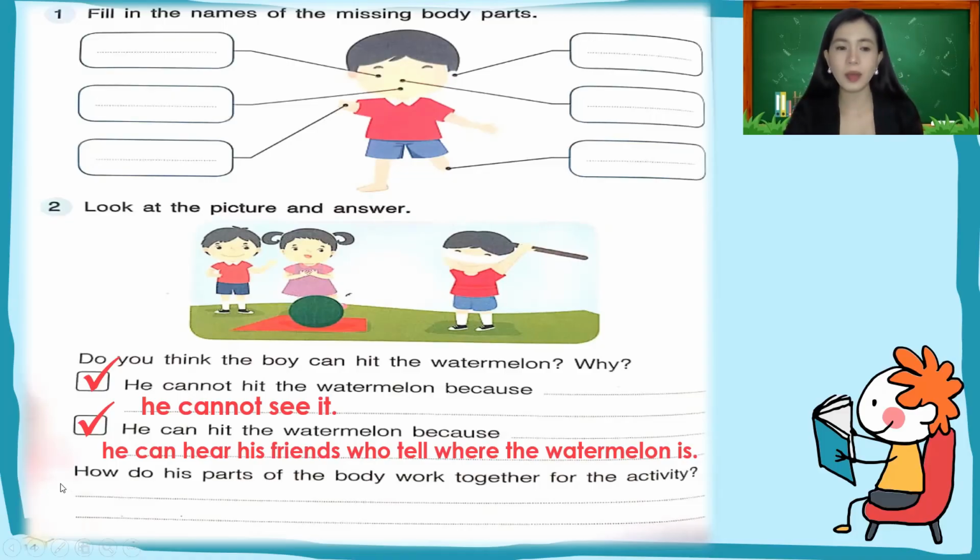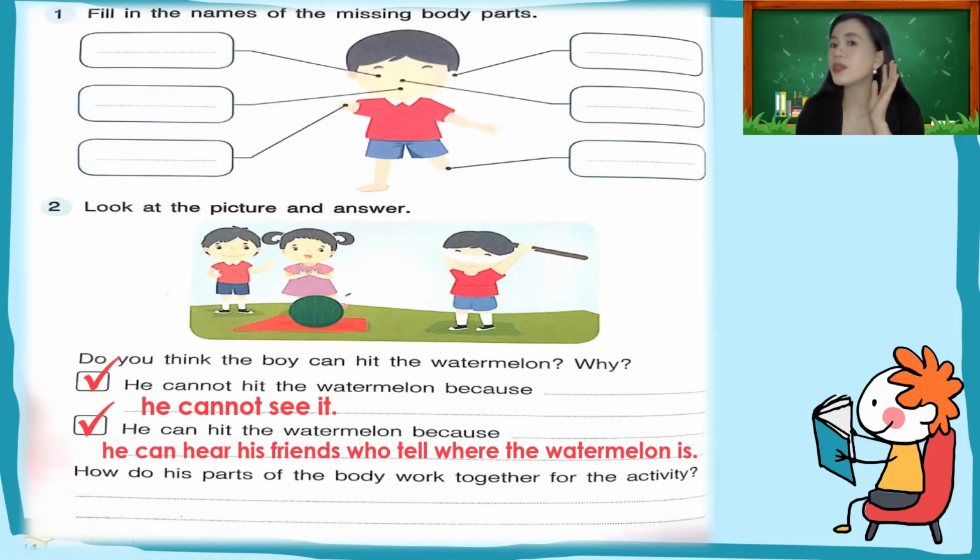For the last question right here, how do his parts of the body work together for the activity? How? How do his parts of the body work together for the activity? So again, what are the parts of the body that he used in this game? He used his arm to hold the wooden stick.